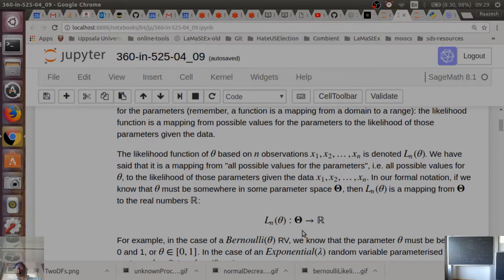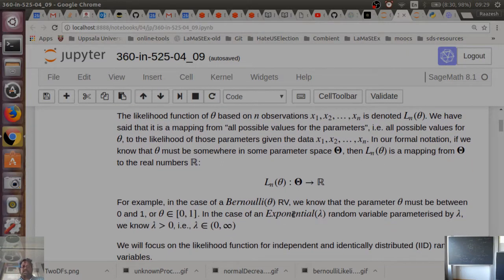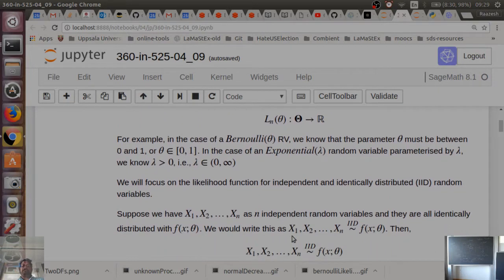For the exponential, bold theta is just the positive half line, because the parameter lambda can be any positive number. And for the Bernoulli, theta is just the unit interval [0, 1], because it could be any real number there.